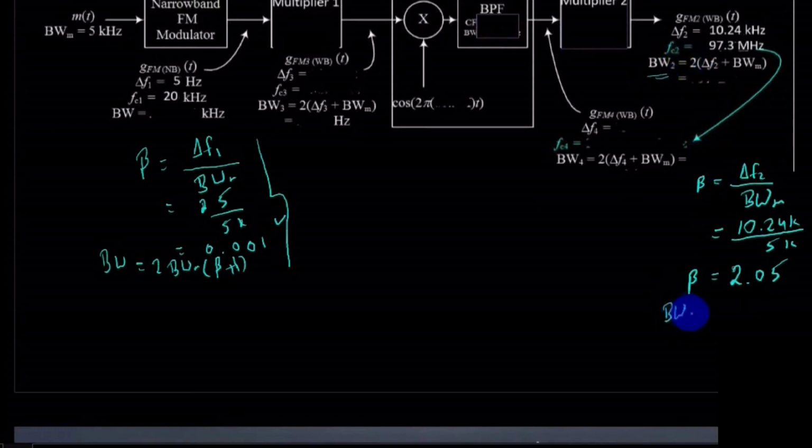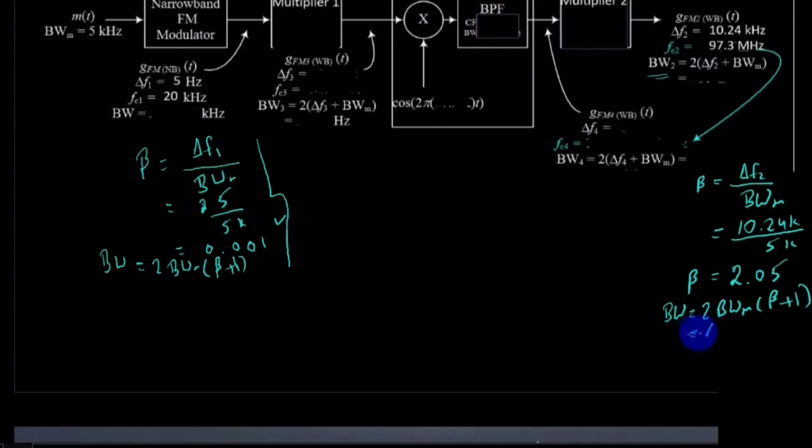The bandwidth is easy to calculate. Again we would have 2 bandwidth of message (beta plus 1). Beta is 2.05, so 2.05 plus 1 becomes 3.05, and if you multiply it with 2 it becomes 6.1 bm, and again the bm is 5 kilohertz.